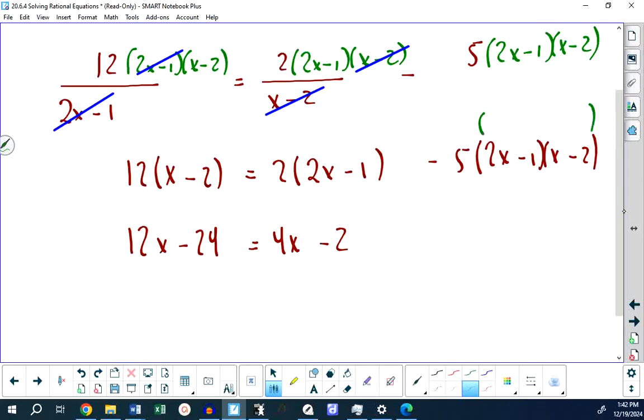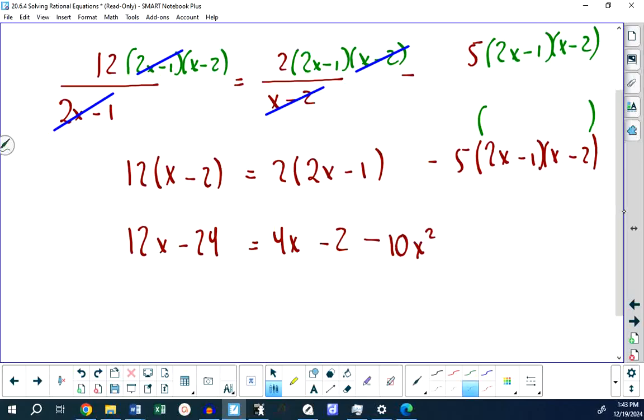Normally what I would just do, everybody, is I would say 2x times x is 2x squared times negative 5 is negative 10x squared.